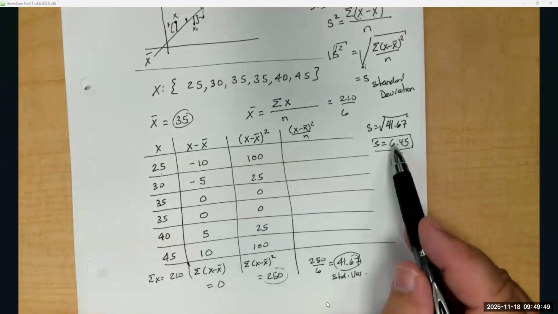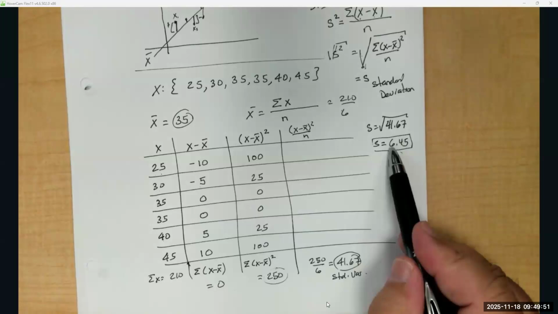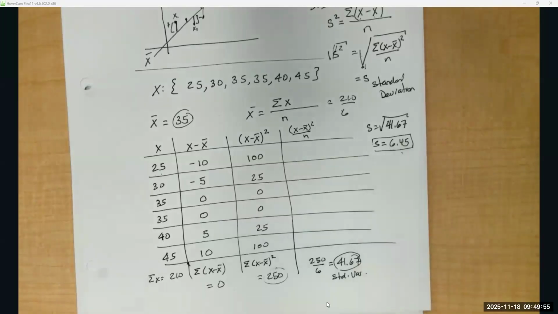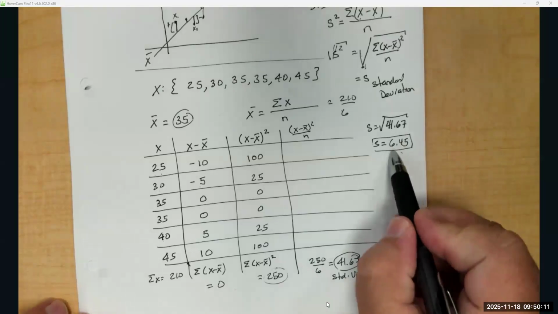So the bigger the variance, the bigger the deviation, means what? More dispersed, more spread out the data is. The smaller the deviation, the more compact it is. So that's what it tells us. It's with the mean, but we want a small deviation.